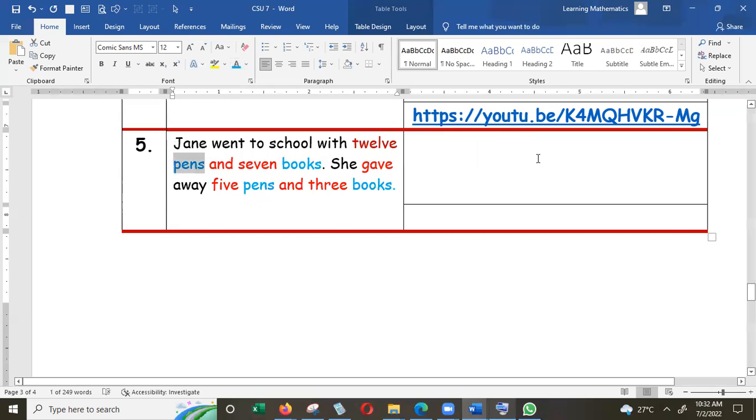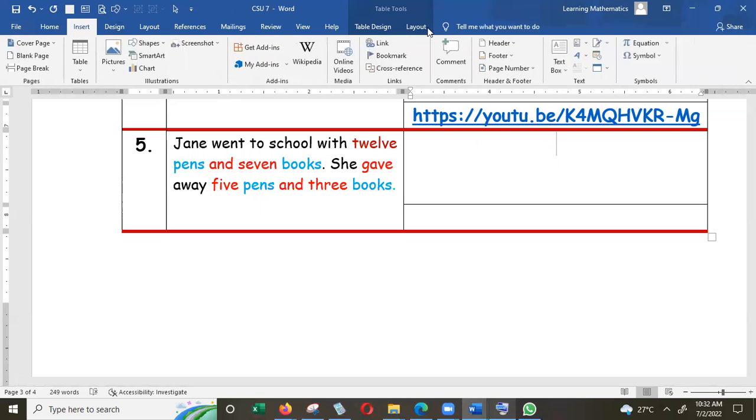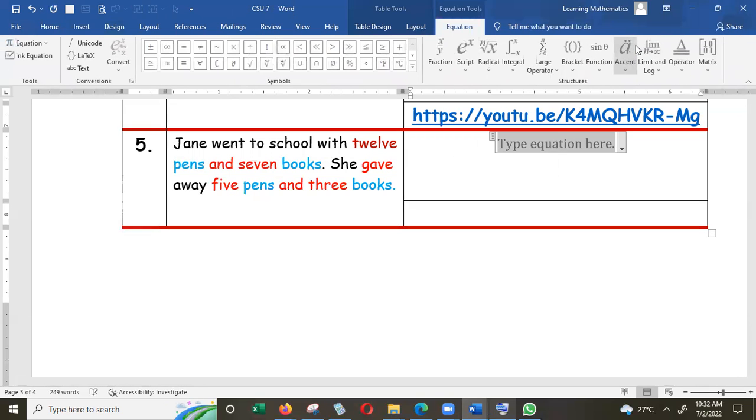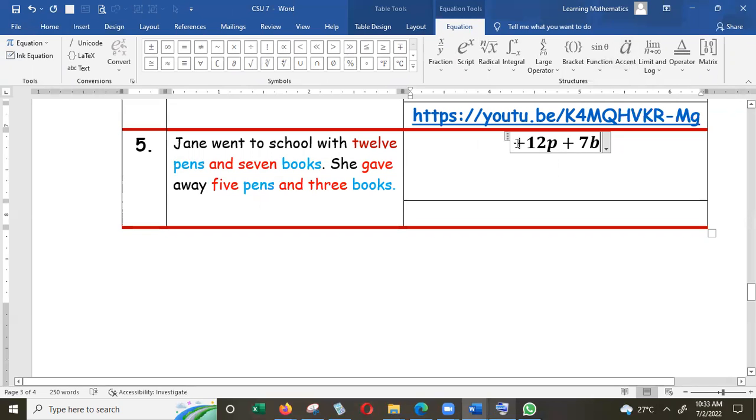Now, let's do the translation. So Jane went to school with 12 pens. So with now is like you having 12 pens, so we can use a plus for that. With 12 pens and 7 books. So Jane went to school with 12 pens and 7 books.